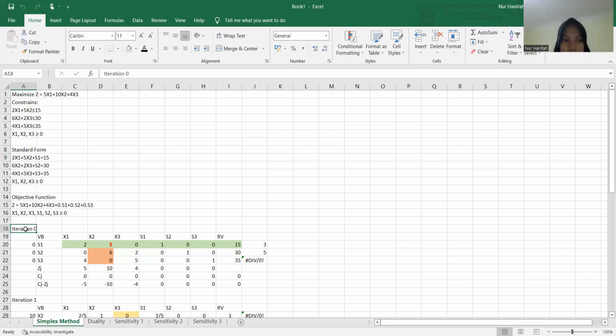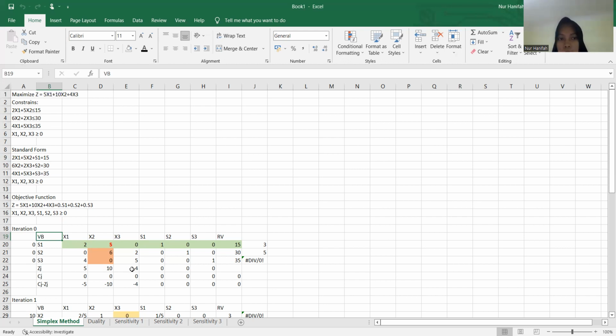Now, this is iteration 1. We write the basic variables here, and then x1, x2, x3, s1, s2, s3, and the value. We fill the columns with the coefficients of the constraints that we have: 2, 5, 0, 1, 0, 0, and so on.